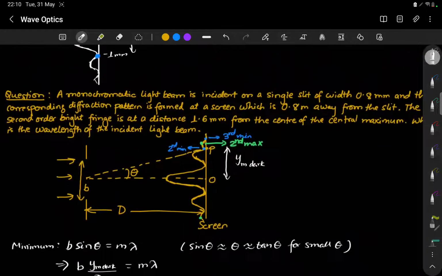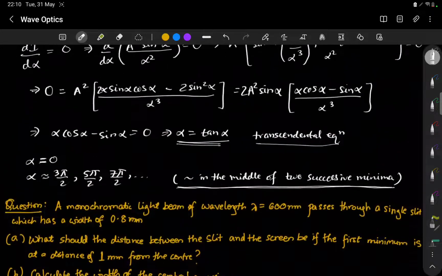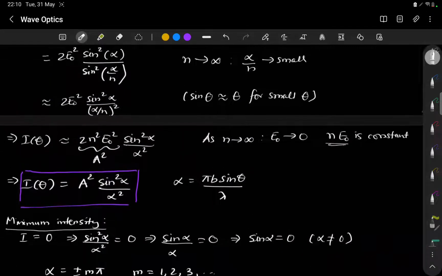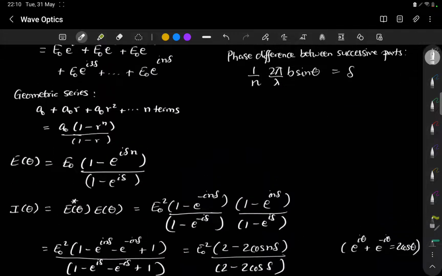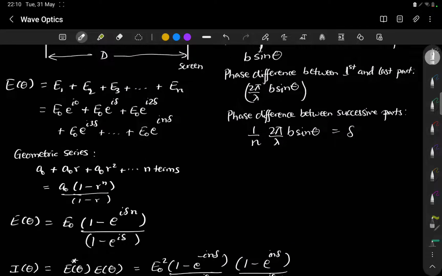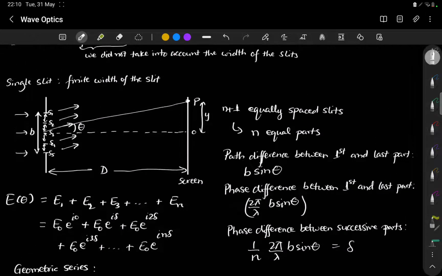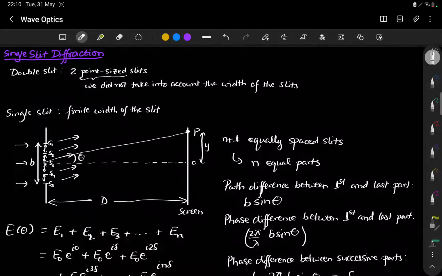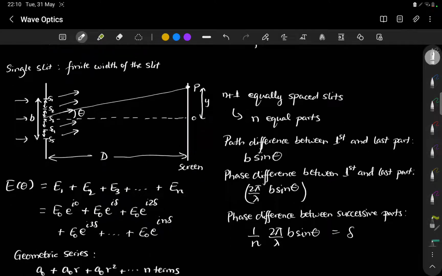We had done it a few videos earlier, so I'll just copy it from here. So this was our case for single slit of finite width, single slit diffraction. This was the setup that we had.